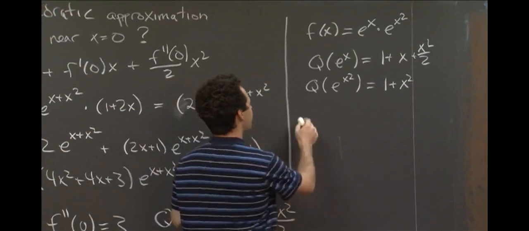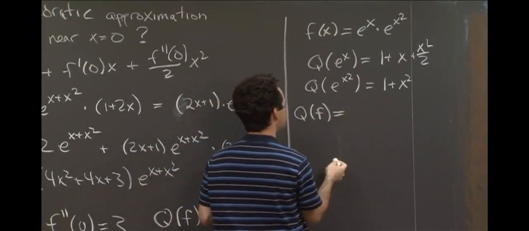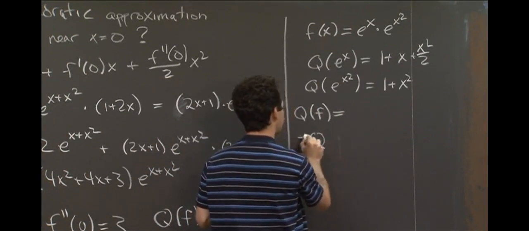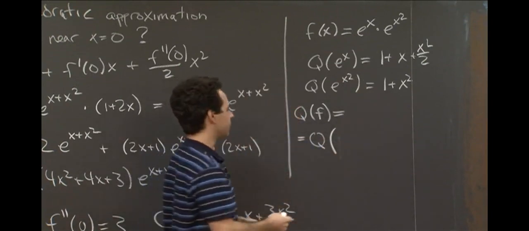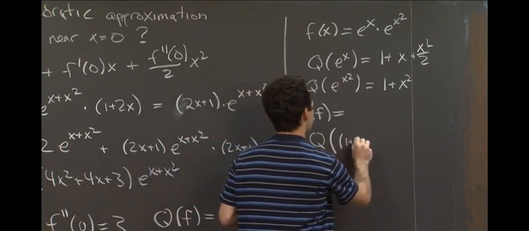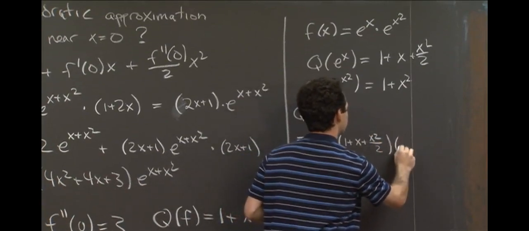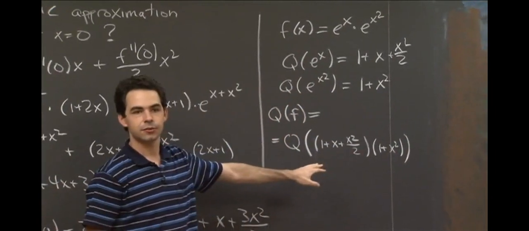So the quadratic approximation of f is equal to, by the rule Christine showed you, the quadratic approximation of the product of the quadratic approximations. That's 1 plus x plus x squared over 2 times 1 plus x squared. If you multiply these two out, that's not hard.